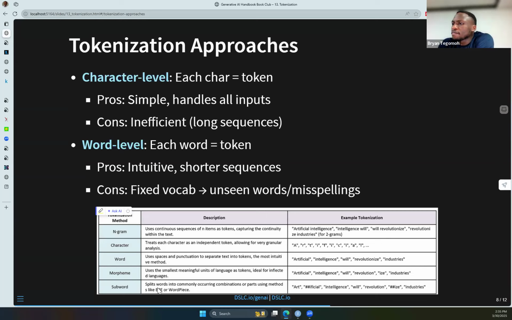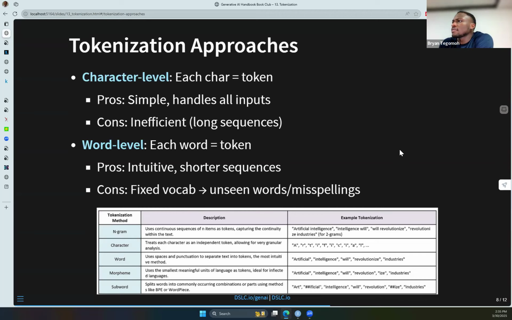Then we have subwords. Subword tokenization splits words into commonly occurring combinations or parts using a method called BPE. I think we're going to discuss that later on. So you have a word like art, artificial, and so on, essentially converting words into combinations that are a little more frequent.